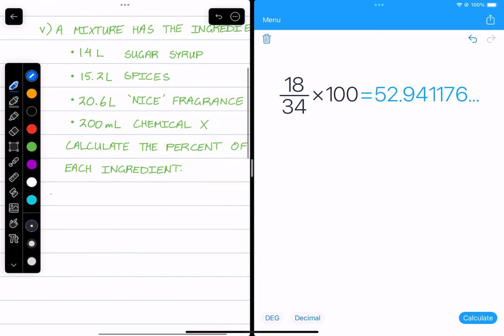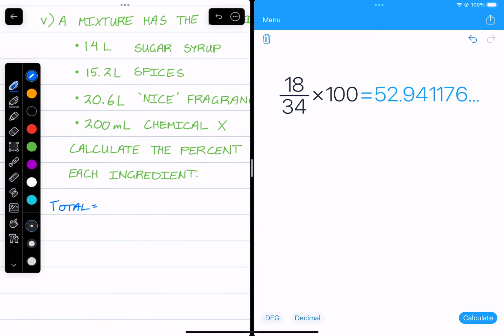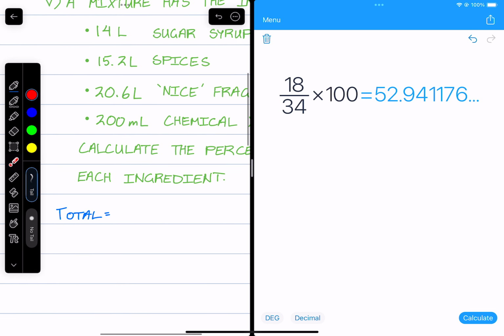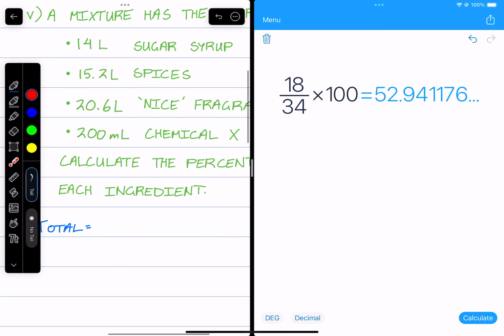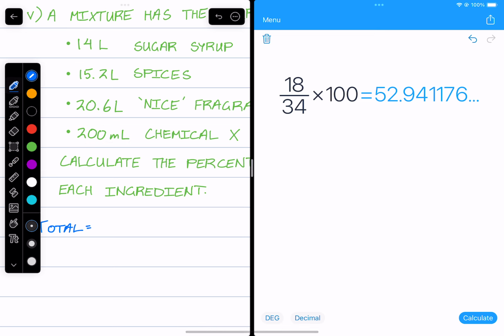So the total for this is the sum of all of these, but notice how this last one is in milliliters. If we were to add this, we would have to convert it first, and 200 milliliters is 0.2 liters.